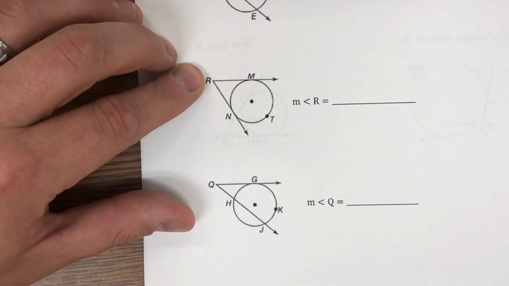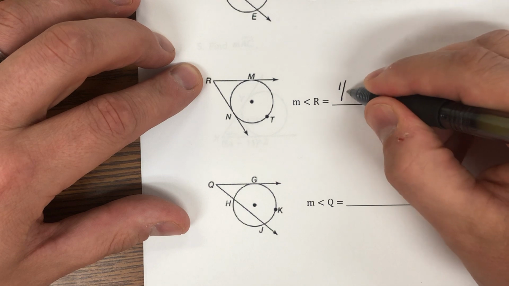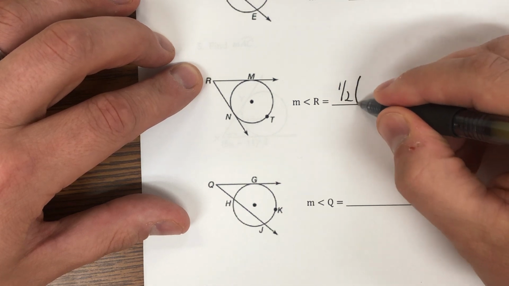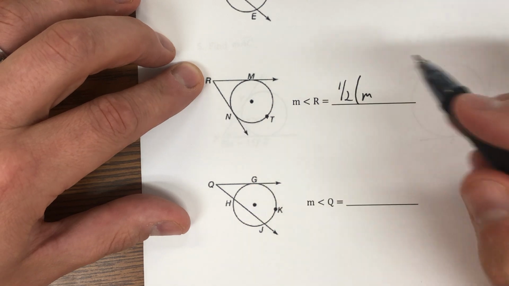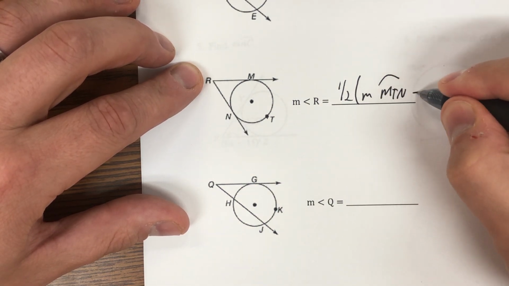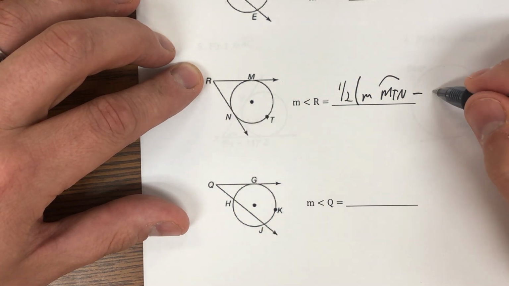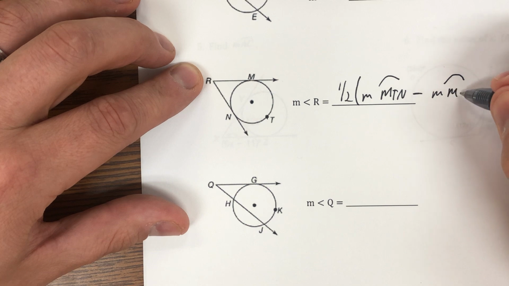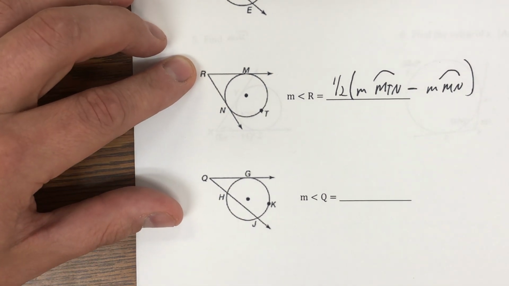This one involves 2 tangents. So the measure of the angle outside, R, is equal to 1/2 the measure of the big intercepted arc, which is M to T to N, minus the small intercepted arc, which is MN. Okay, so that's the formula with 2 tangents.